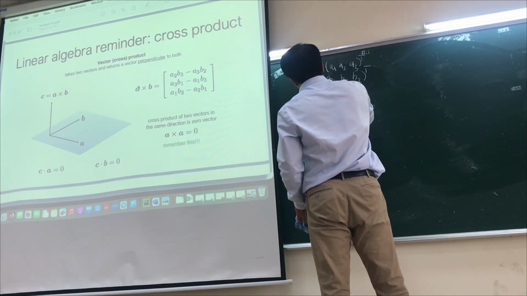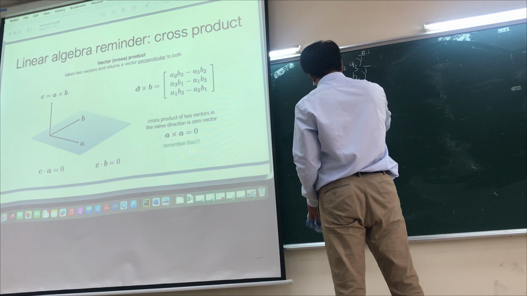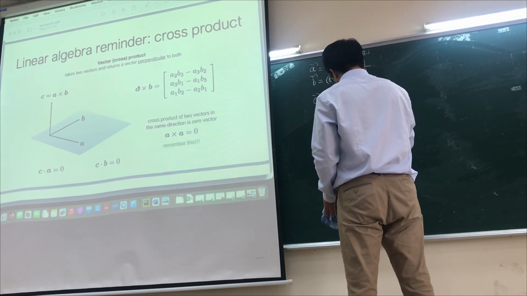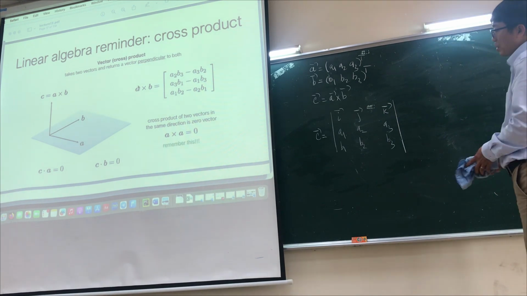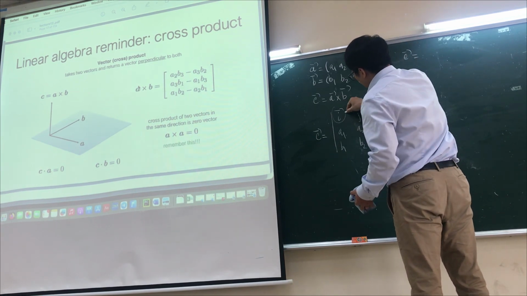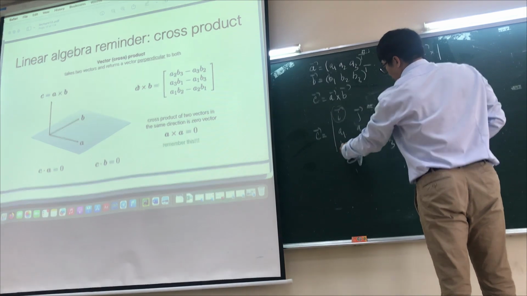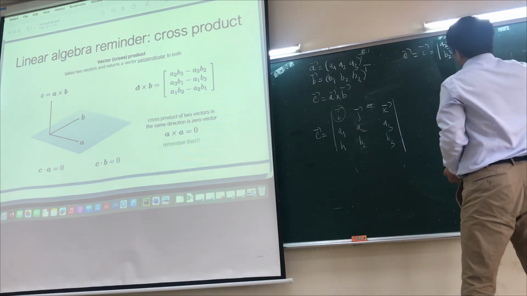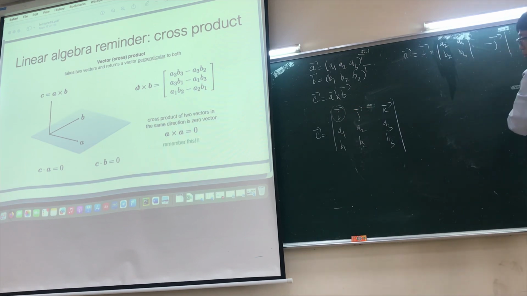So C equals A cross B. C is computed like this: the determinant of this matrix, equal to vector i multiplied with the determinant after removing this column and this row, which gives A2, B2, subtract vector j multiplied with that, removing the column and row.